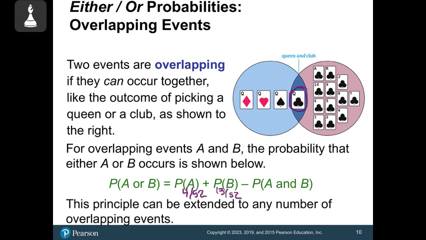So what we have to do is take out that duplicate that we have counted. So in the end, we get 4 plus 13, 17 minus 1 is 16 out of 52. And if I count all the cards in these circles here, I should get 16. 1, 2, 3, 4, 5, 6, 7, 8, 9, 10, 11, 12, 13, 14, 15, and 16.